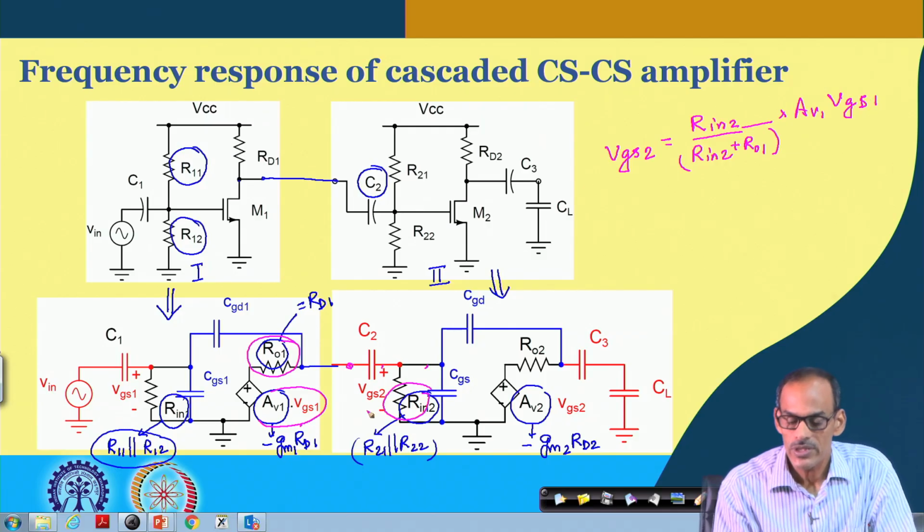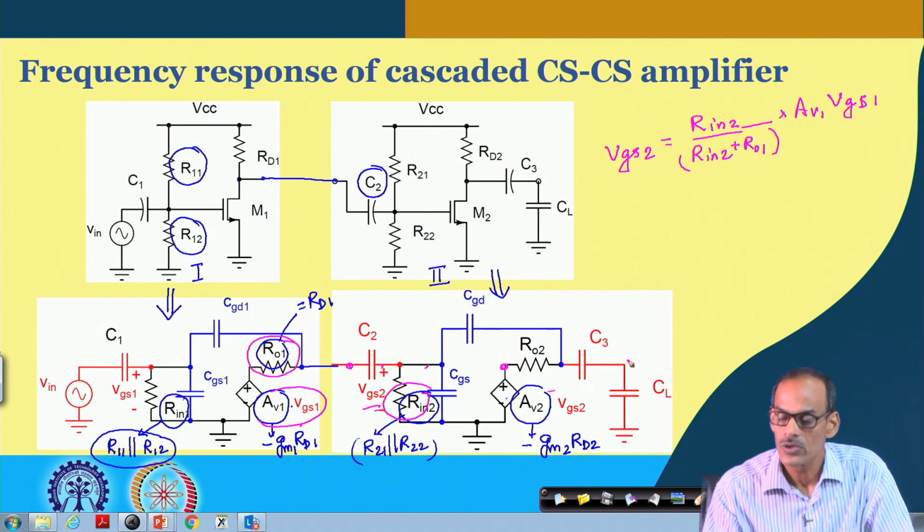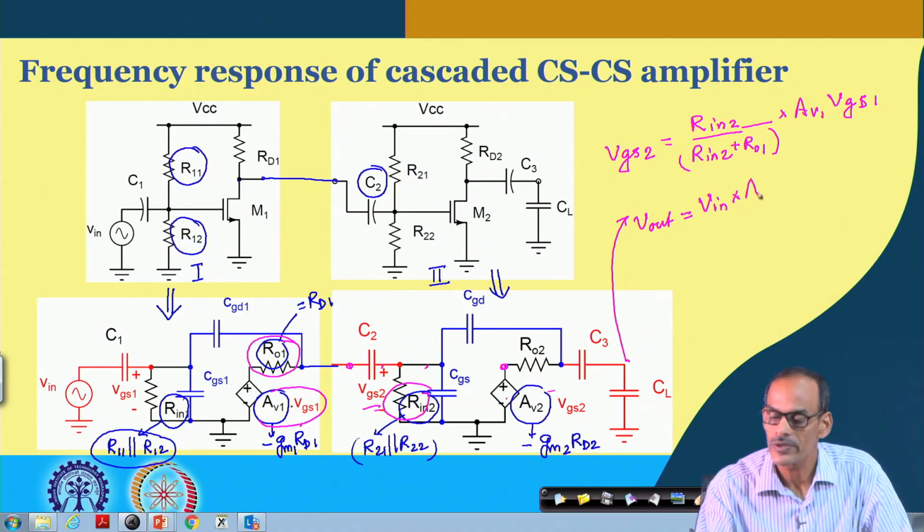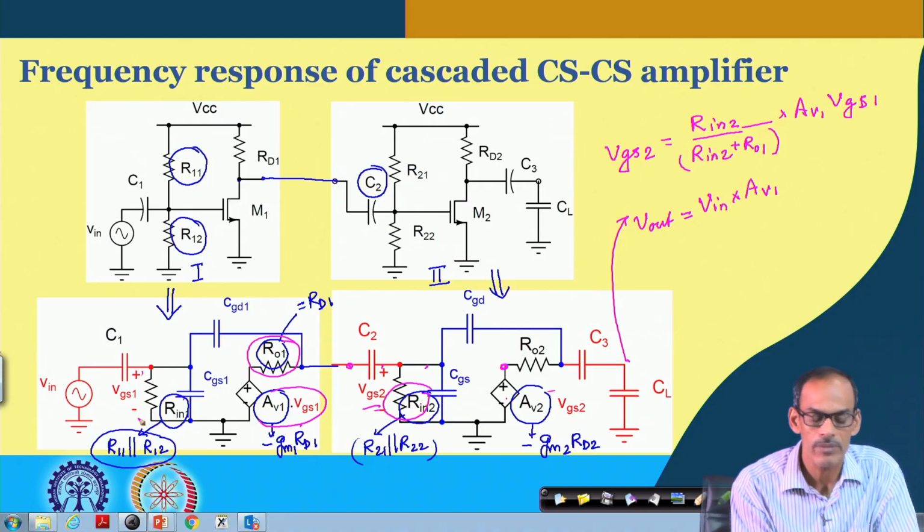And of course, this VGS2 gets multiplied by AV2 to get the output voltage here. If I call this the final output, that becomes the input voltage multiplied by the first stage gain AV1. In fact, the input voltage is the same as VGS1.